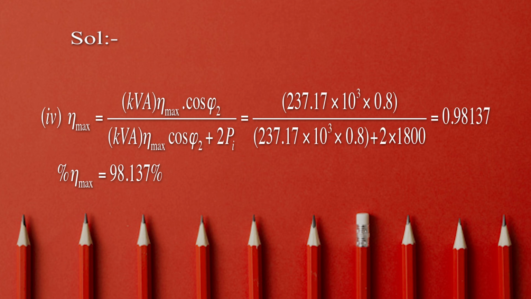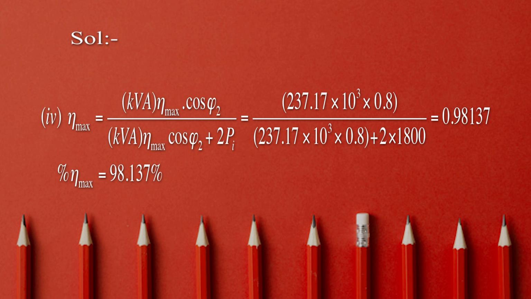Next we have to find out the maximum efficiency. So maximum efficiency can be given by the following expression: kVA at maximum efficiency multiplied by power factor upon kVA at maximum efficiency multiplied by cos phi 2 plus 2 Pi. Why this 2 Pi? Because at the maximum efficiency condition, copper losses are equal to iron losses, right? So just put the value of kVA at maximum efficiency, the value of the power factor, that is 0.8, and the value of the iron losses, given as 1800.